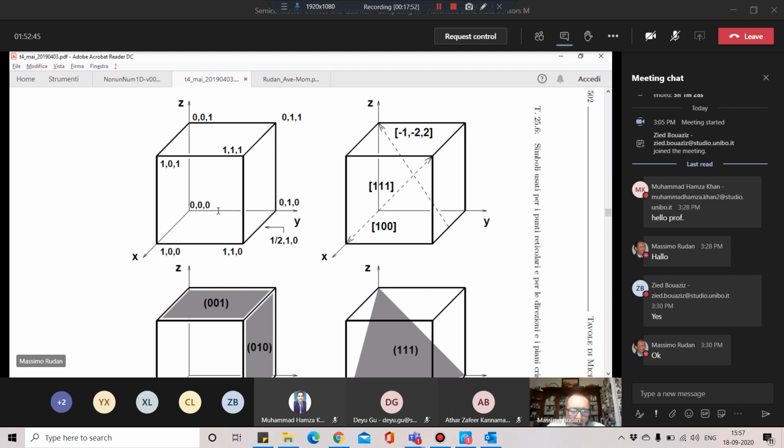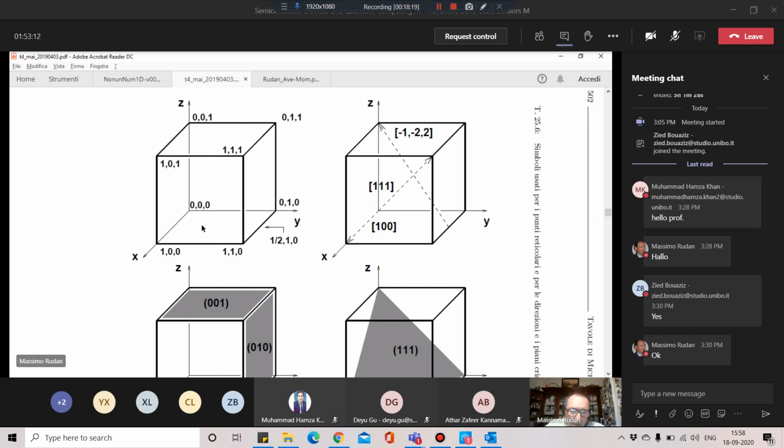Then A2 lies along this segment, and the coordinates of the tip of A2 are 0, 1, 0. And finally, we have 0, 0, 1. And of course, in this cube, you can define other nodes like 1, 1, 1, that is the one opposite to the origin, and so on. Okay.